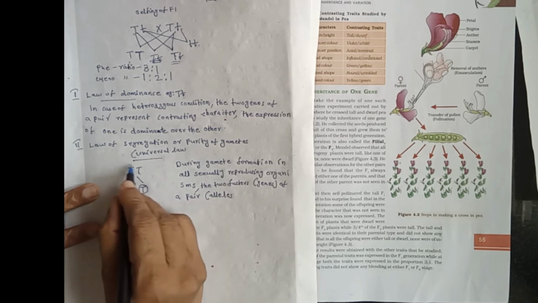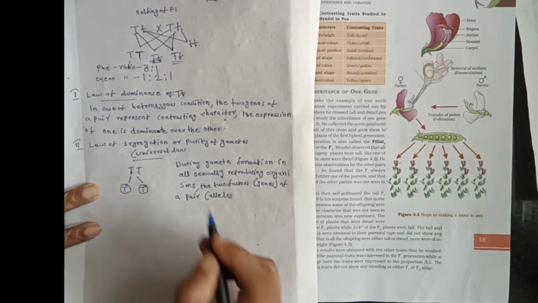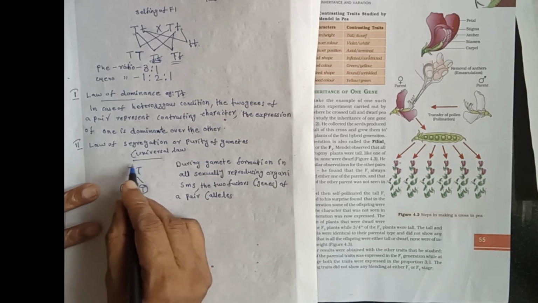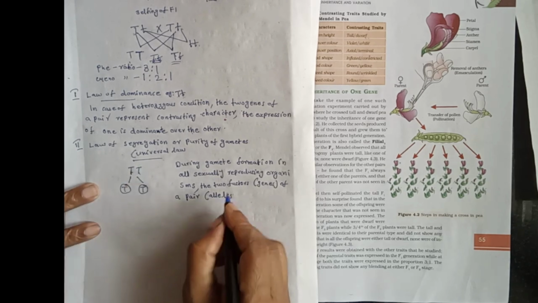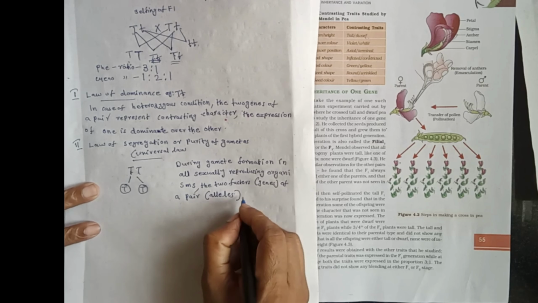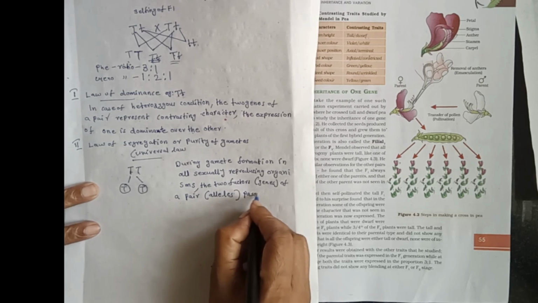This is the allele or pair of genes that represent the character tallness.